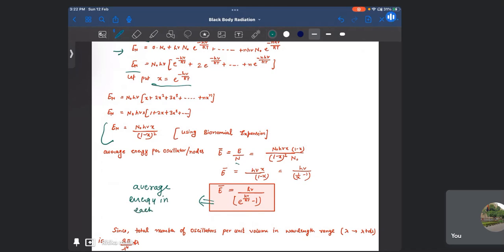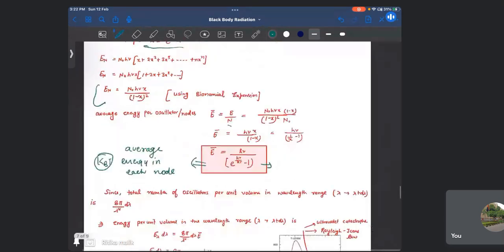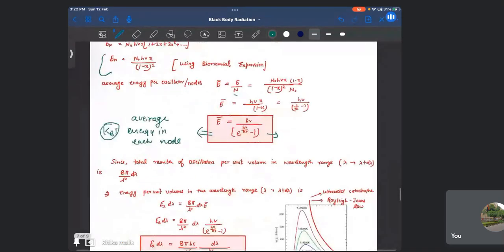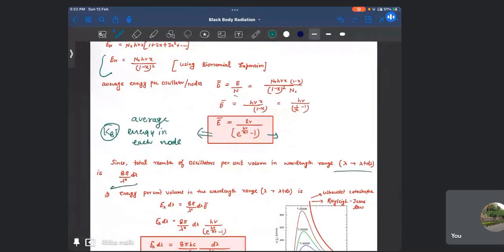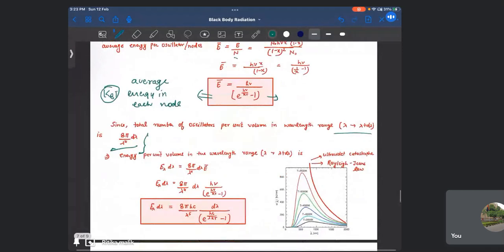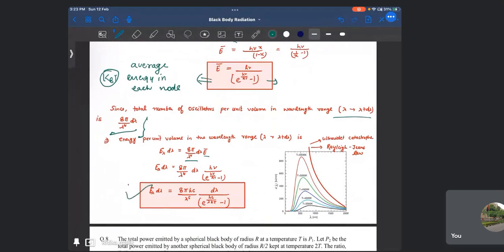So instead of having the continuous energy kBT, now the energy is discretized by these expressions. And since the total number of modes in the volume range is given by this expression as we have calculated earlier, the energy is given by the energy in one mode divided by N multiplied by the total number of modes. This turns out to be the energy expression, and it agrees very well with the experimental observations.